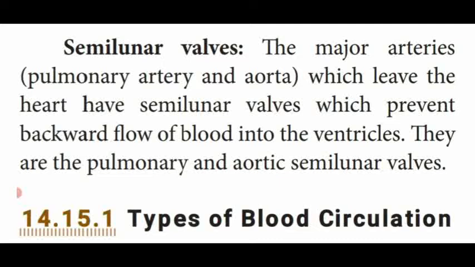The major arteries which leave from the heart have semilunar valves which prevent backflow of the blood into the ventricles. They are the pulmonary valves and aortic semilunar valves. So, semilunar valves are present in the pulmonary artery and aorta.